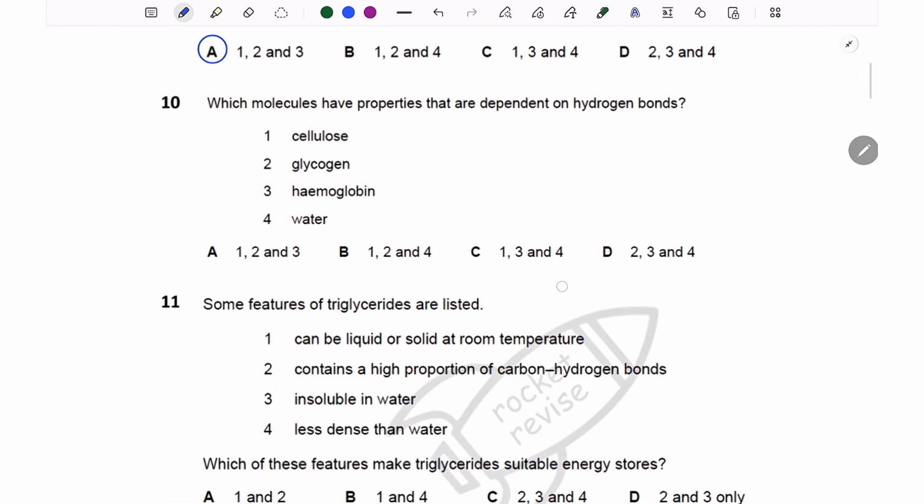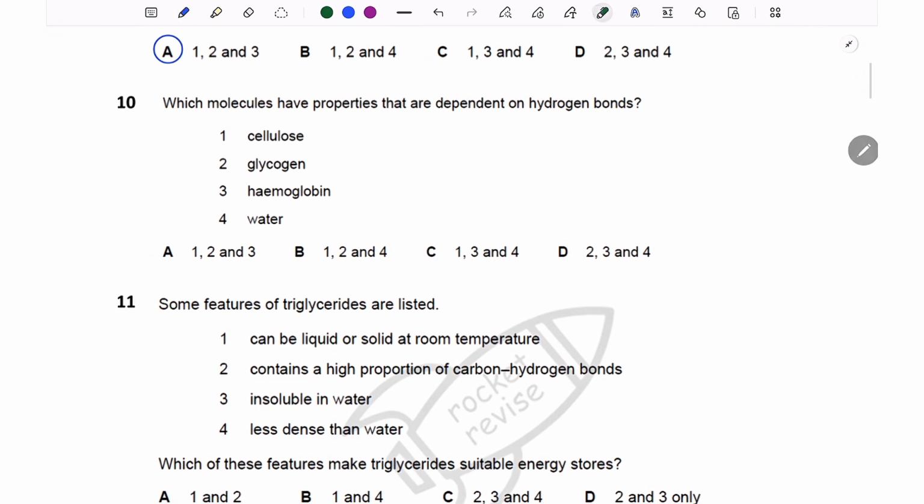Question number 10. Which molecules have properties that are dependent on hydrogen bonds? So dependent on hydrogen bonds, that would be cellulose. Does it have hydrogen bonds, and are the properties of it dependent on them?